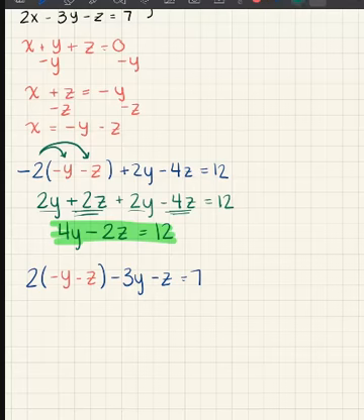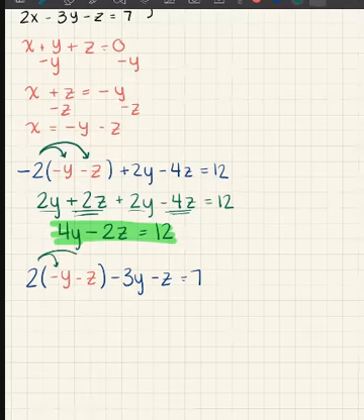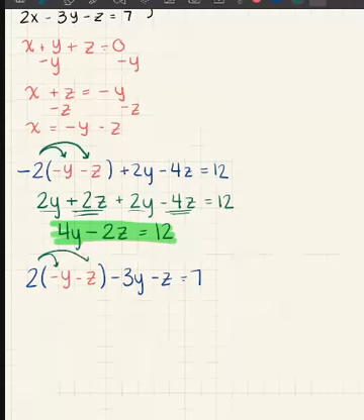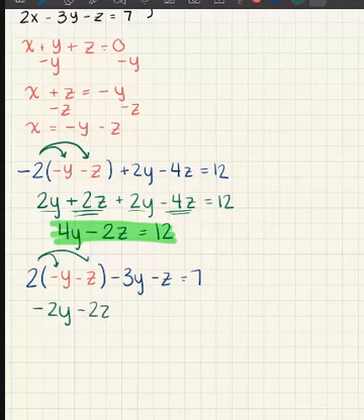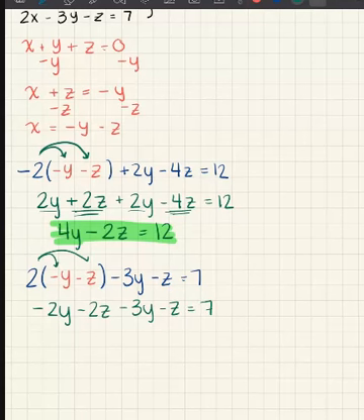Same thing, we can distribute the 2 this time. 2 times negative y is negative 2y, negative 2z, and we bring everybody else back down to the party. Combining like terms, I have negative 5y, I have minus 3z equals 7.